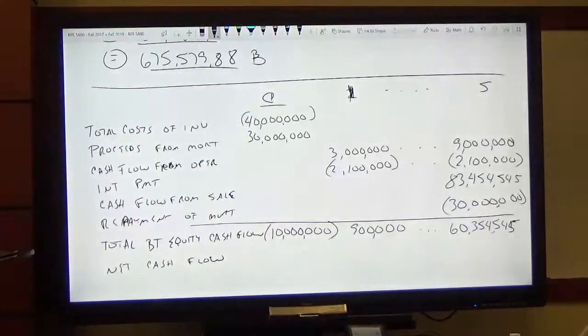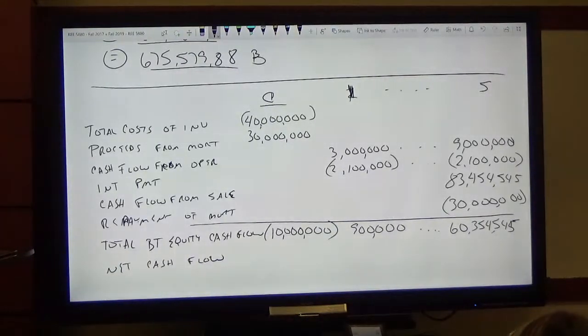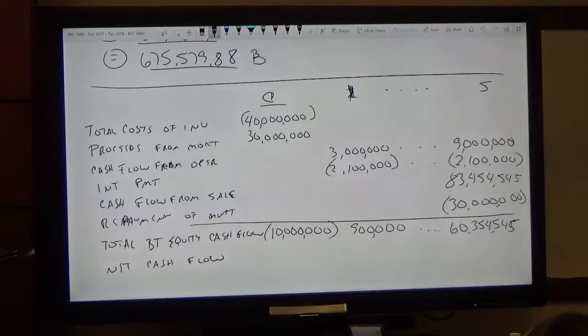So for this particular example, without writing all the numbers up there, you're taking the $900,000 for the year 1 before tax cash flow, adding that to $2.9 million in year 2, adding that to $4.4 million, adding that to $6.65 million, and then adding that to the $60,354,545, and then subtracting out the $10 million initial purchase, and that's where that $65,204,545 comes from.